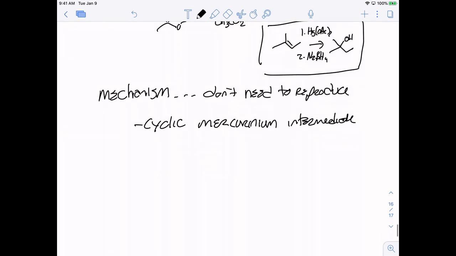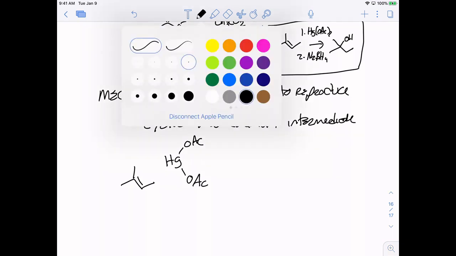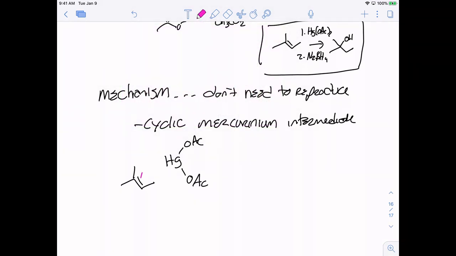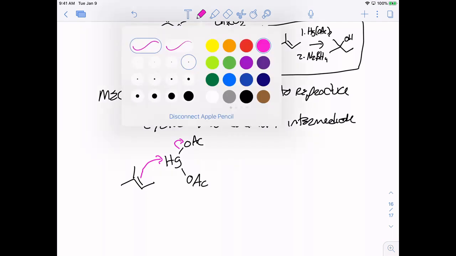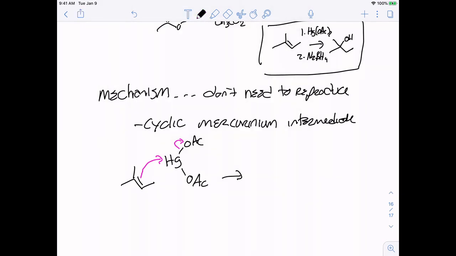So essentially what's happening, I have mercury and it's bonded to its 2 acetate groups. And my pi electrons, not lone pair, are grabbing onto the mercury. We are losing one of those acetate groups. I'm going to draw 2 arrows just so you don't think it's just one step.